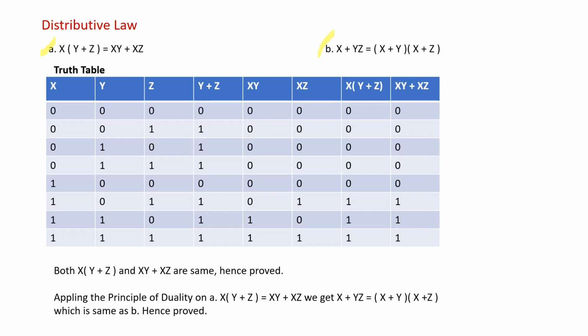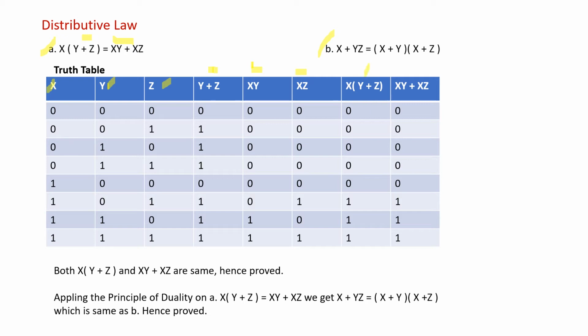We will first take statement A, and we can prove this using the truth table. The input variables x, y and z can be filled in, and then we write down the first thing which is within the bracket, y OR z. Then we move on to the RHS and fill in the columns for x AND y and x AND z, and we write down the LHS and the RHS.